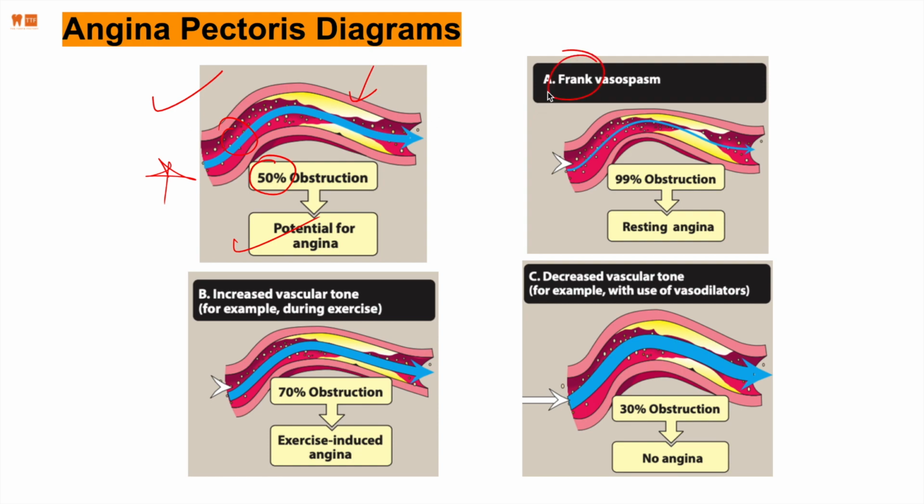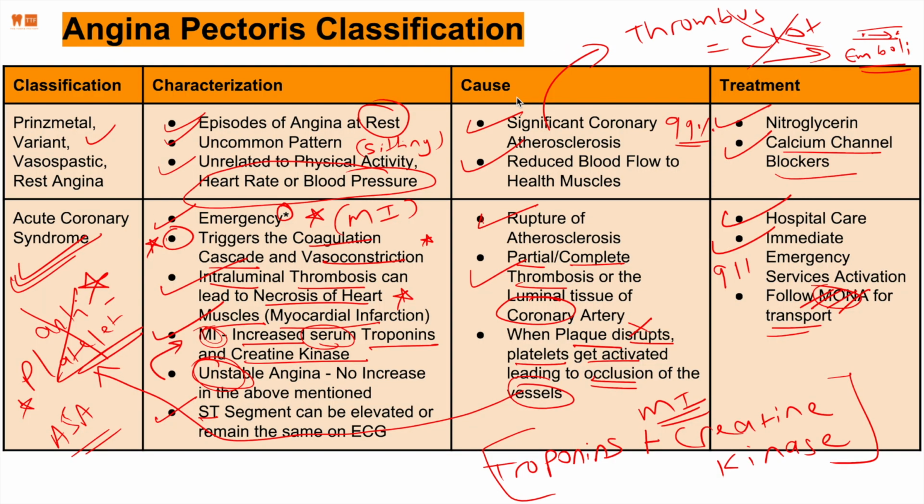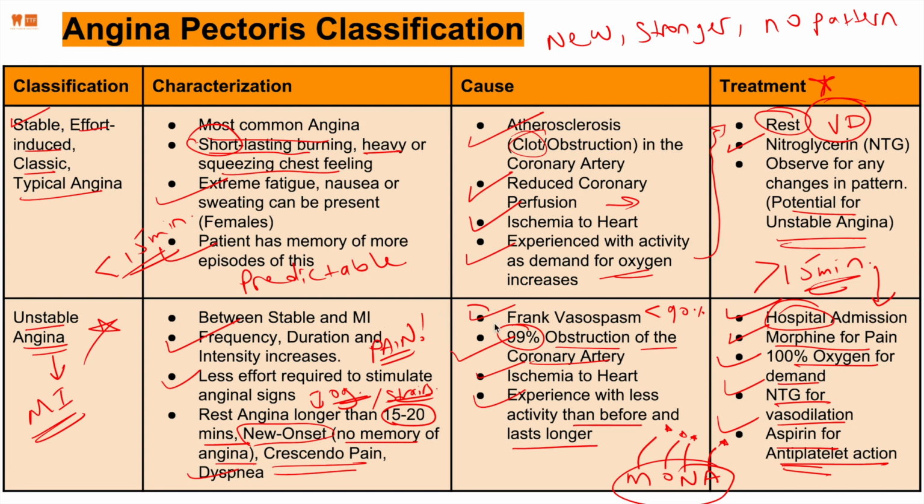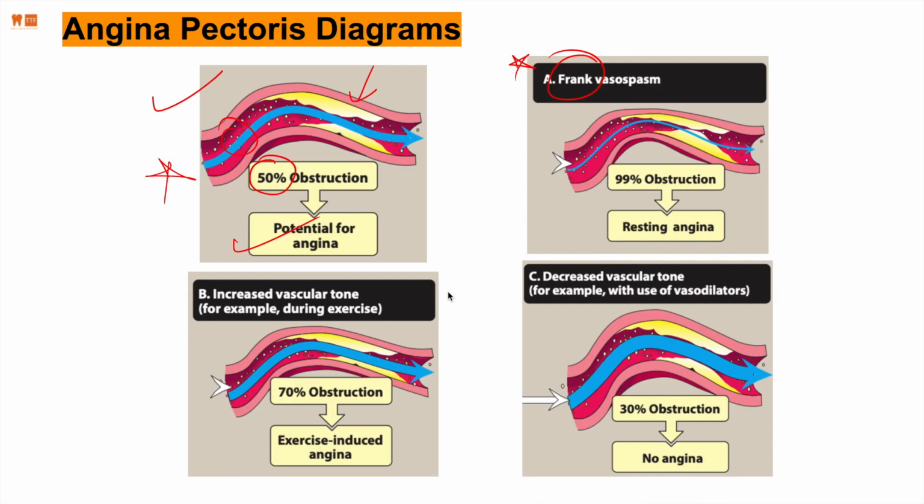Then comes frank vasospasm. Remember, we talked about frank vasospasm all the way in unstable angina earlier. So, what is frank vasospasm? 99% obstruction. About 90 to 99% is where there's resting angina that is at risk. That is the only thin line that is allowed to pass through, and all the blood accumulates here, and only little blood gets drawn to the heart, and oxygen supply is reduced, causing resting angina.